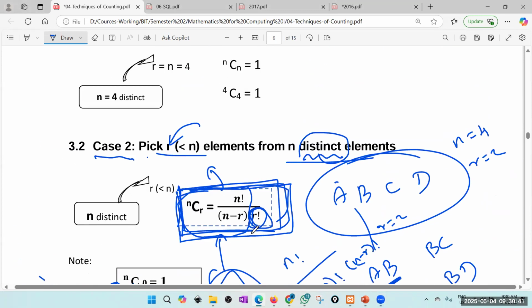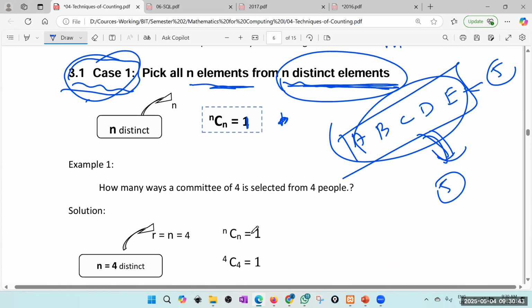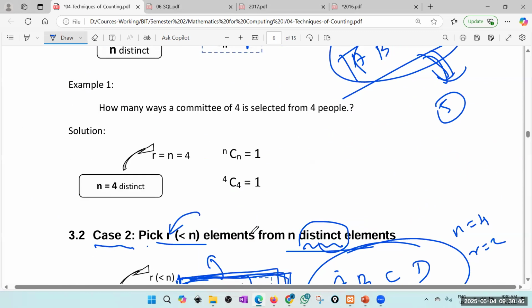Right. So now we have two cases: arrange and select, two different things. Because arrange means arrange, and select means select. In selection, you don't arrange. You just select, because there is no need to arrange.